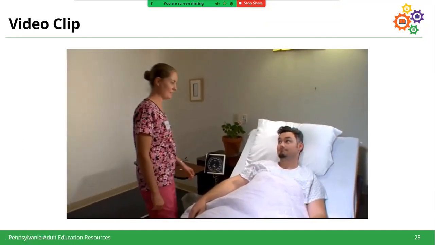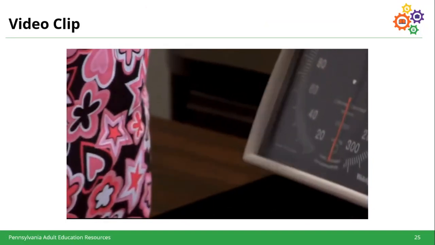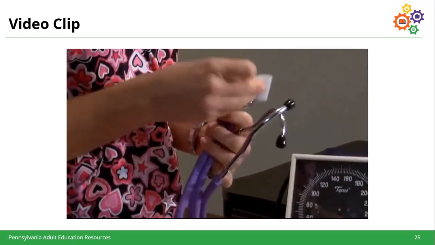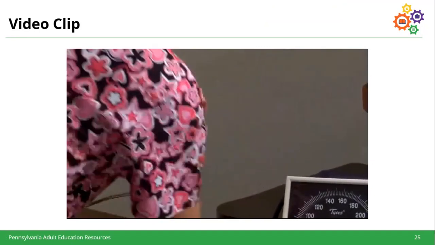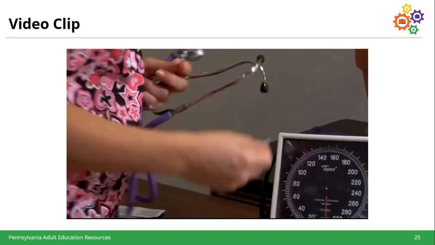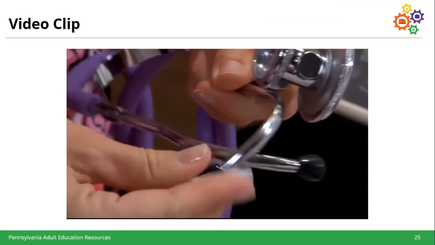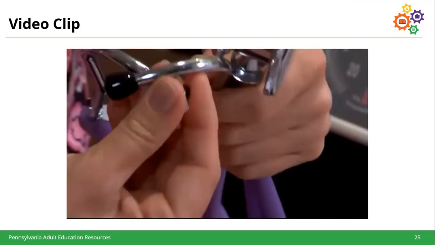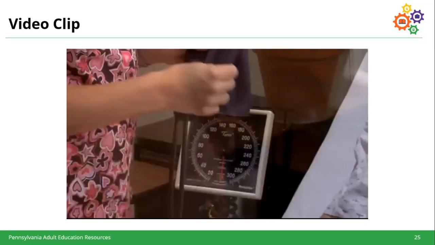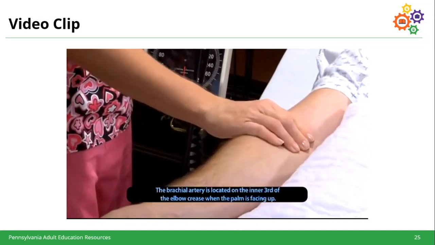Hi Quinn, it's Patricia, your CNA. I'm here to take your blood pressure. Cool. Just gonna clean off the stethoscope before we take your blood pressure. Now we're going to put on the blood pressure cuff, and I'm going to check for your brachial artery.